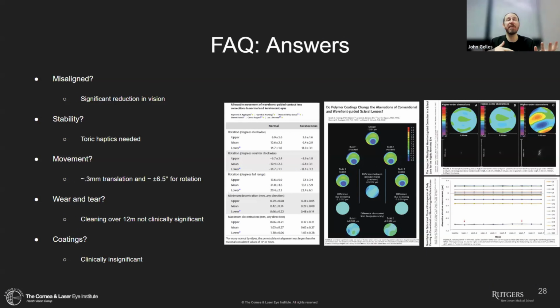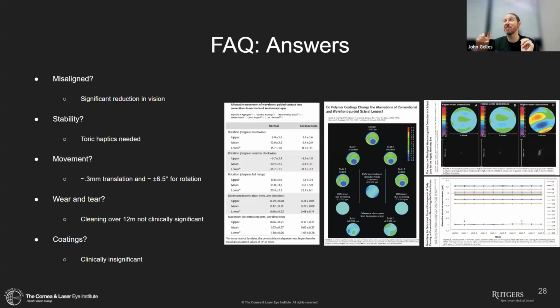Does misalignment affect this? Yes. If lenses are misaligned from their position, you'll have a substantial reduction in vision. How much movement tolerance do you have on the lens? About 0.3 of a millimeter or about 6 degrees of rotation.